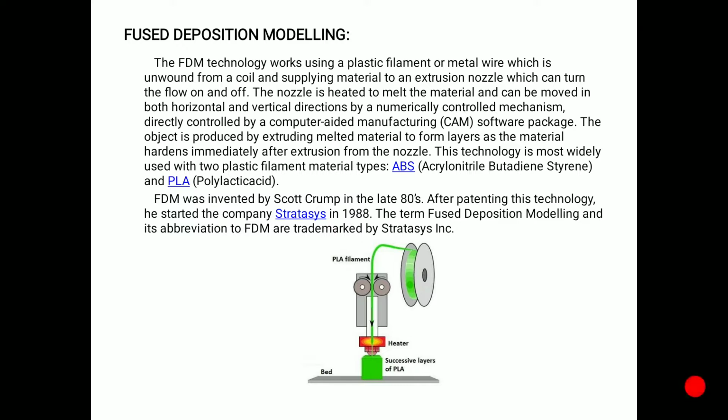The object is produced by extruding melted material to form layers as the material hardens immediately after extrusion from the nozzle. This technology is most widely used with two plastic filaments, namely ABS and PLA, and the material which we use here is ABS, which is called acrylonitrile butadiene styrene. FDM was invented by Scott Crump in the late 80s.